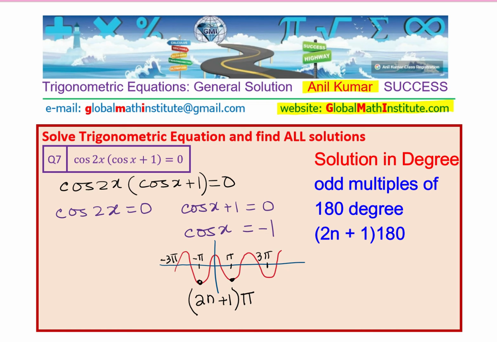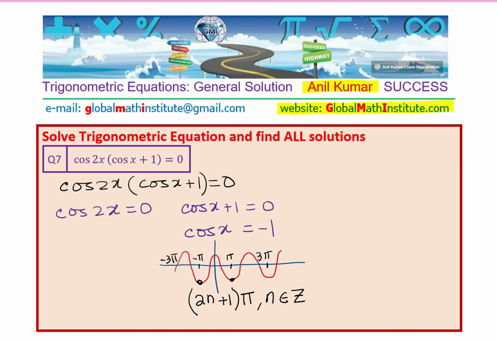So that becomes (2n plus 1) pi as the odd multiples of pi, because 2 pi is going to give me a positive value and 3 pi is negative, so 2n plus 1 is all odd. In all these equations, we are saying n belongs to the set of integers, which is expressed as Z most of the time. That gives you one solution. If n is negative, we get the negative values. I hope this part is simple and easy to understand.